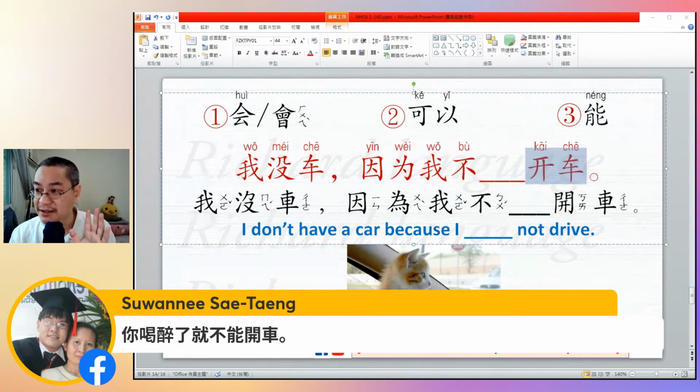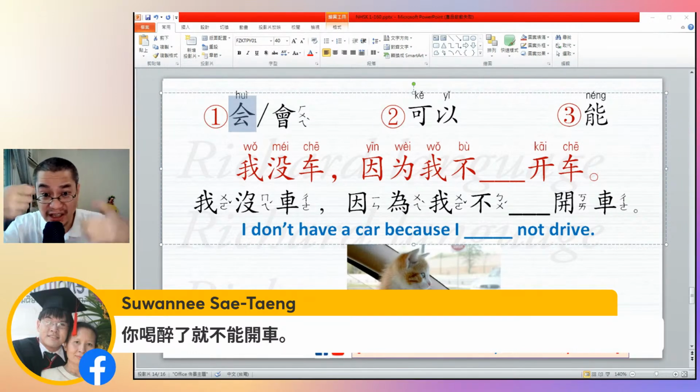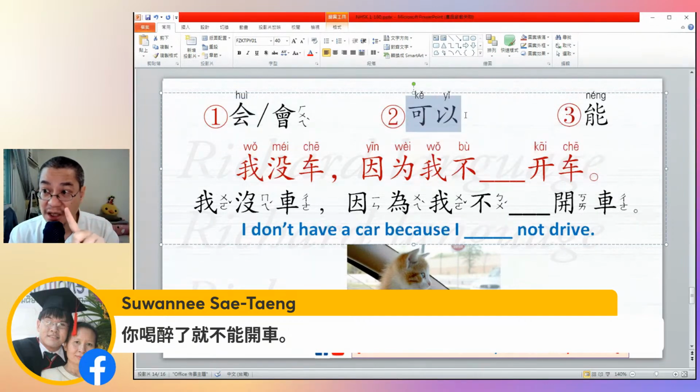Okay, I'll say that again. 我不会开车 means you don't even know how to drive a car. 我不可以开车, 我不能开车 means you know how to drive, but in this situation, in this place, you can't drive. For example, if you are drunk, 你不能开车，你不可以开车, because in this situation you can't do this. You know how to do this, but you can't. Okay.